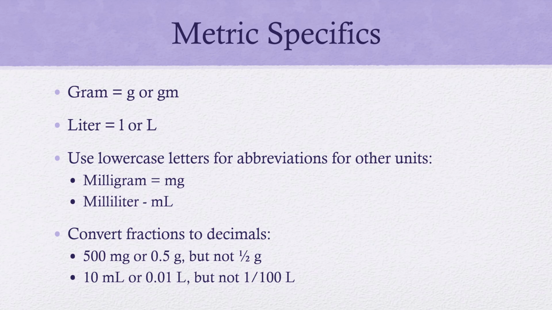Always report in decimals and not fractions. So if we are giving 5 mLs, we're going to write 5 mLs, not 5.0, right? We never have that trailing zero because someone could quickly look at that and see 50, and that could be deadly. So no trailing zero. We do always use a leading zero.